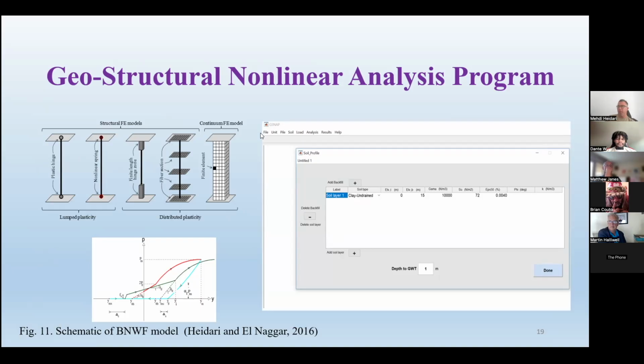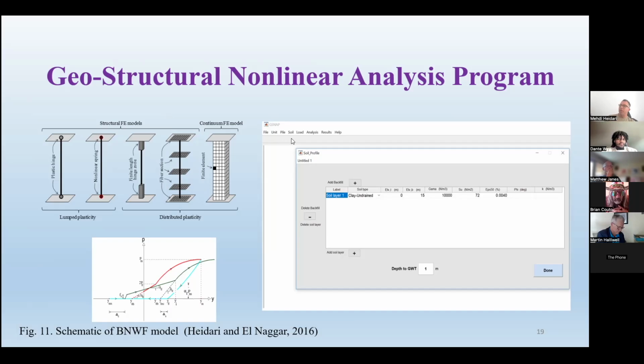In this tool we can simulate different layers. That was the very basic version, and this is the model that we use for cyclic or dynamic loading of the piles, for soil pile interaction, and also for nonlinearity of the structures.